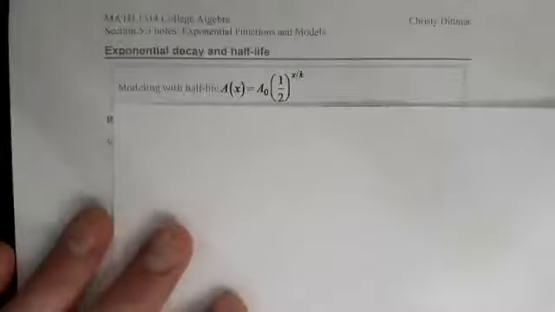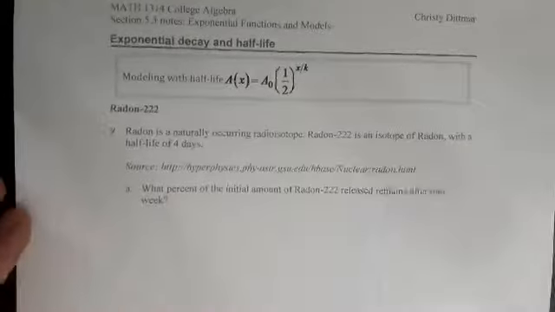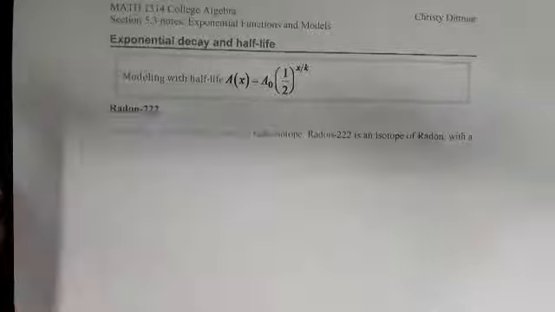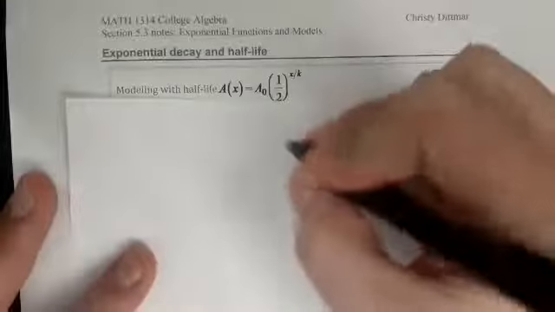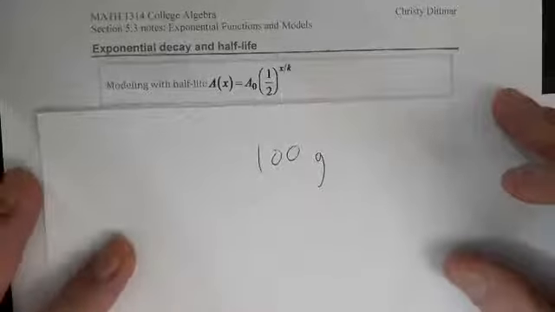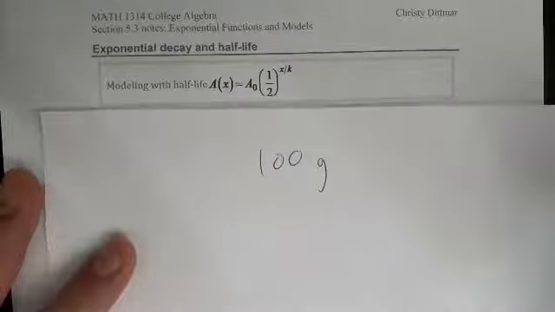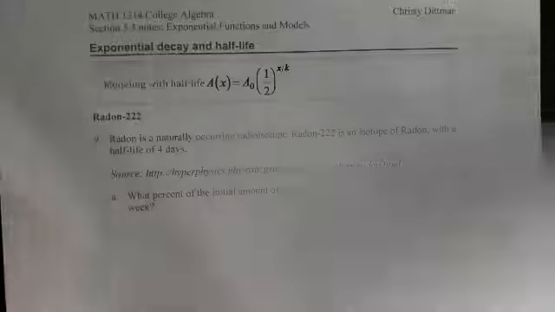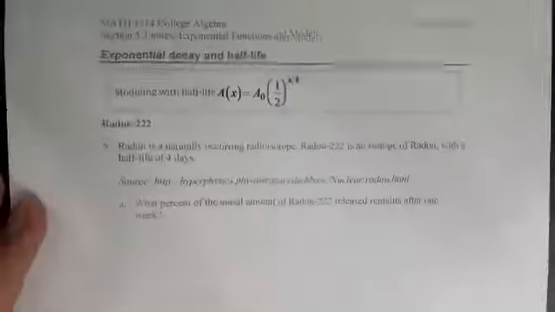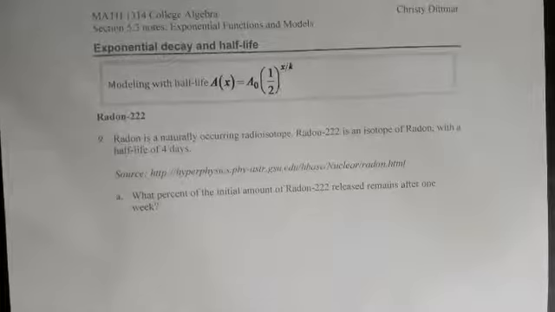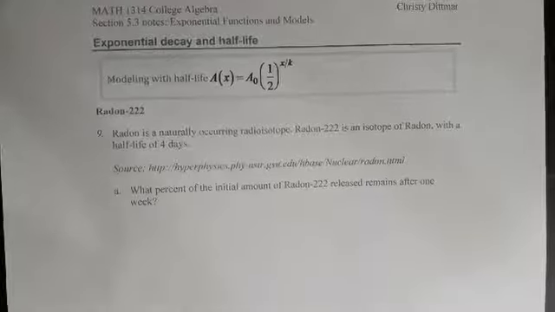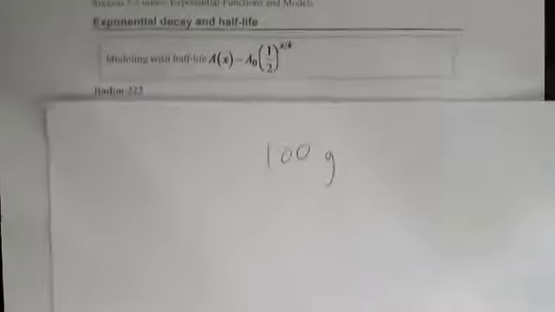And so I want to start off with maybe something a little simpler than what they're giving us here. Let's start off with 100 grams of something. They do stuff in grams.